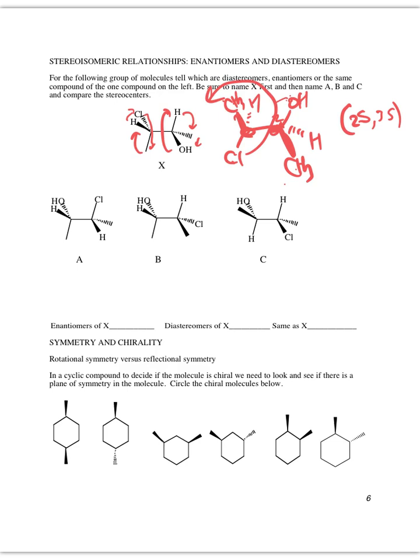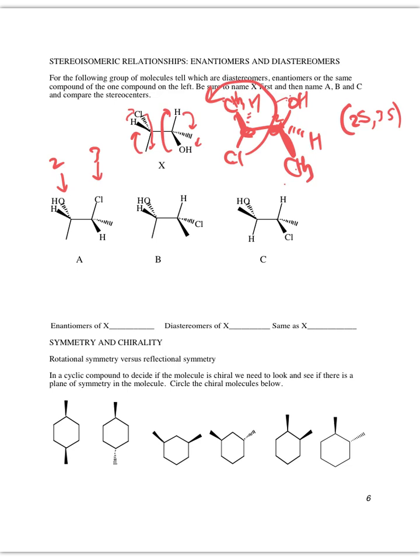Okay, then we need to do the same sort of thing for the compounds down below, but we have to be careful because the ones down below are flipped over, so we need to make sure we make this carbon 2, the one with the alcohol, and the carbon with the chlorine, carbon 3.